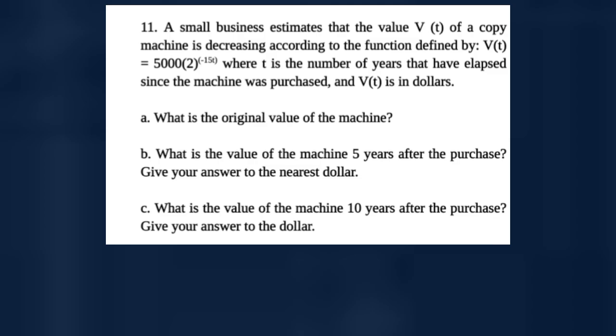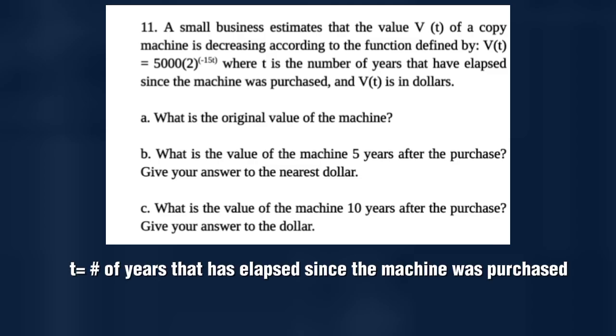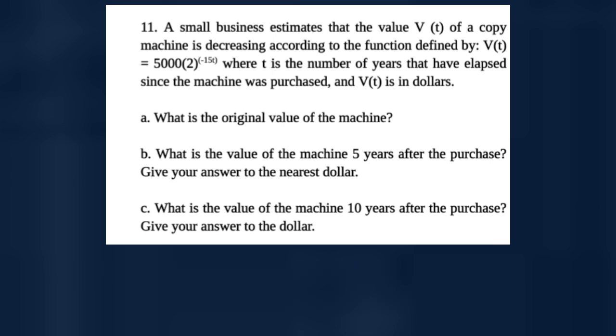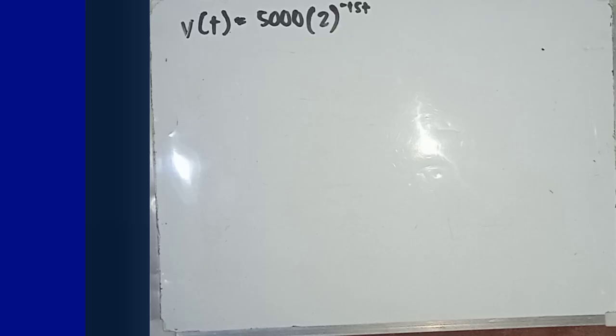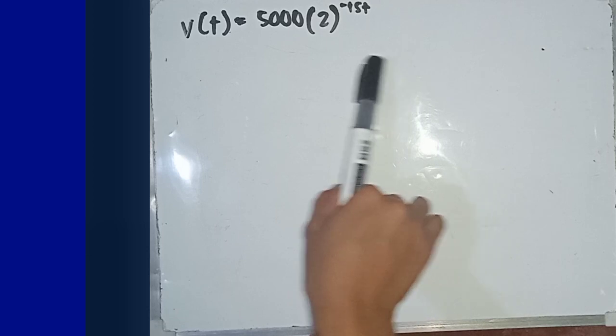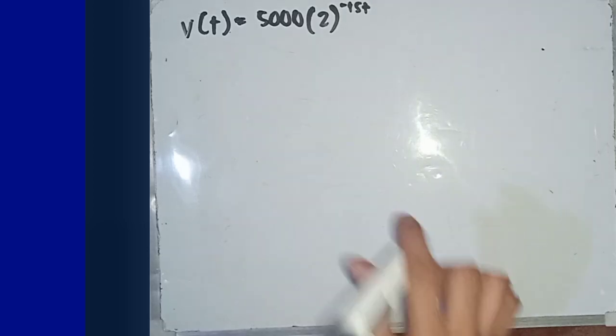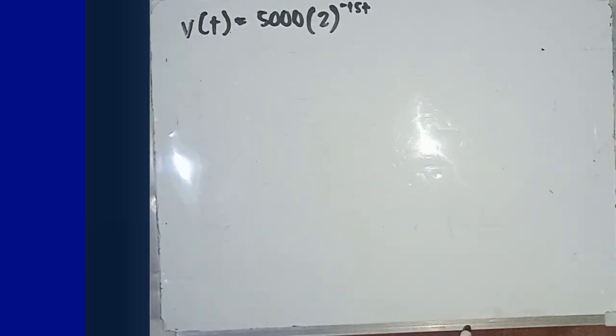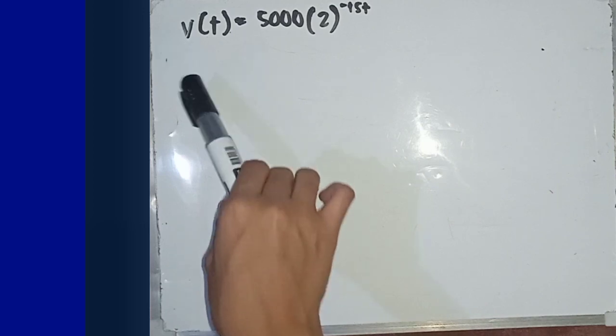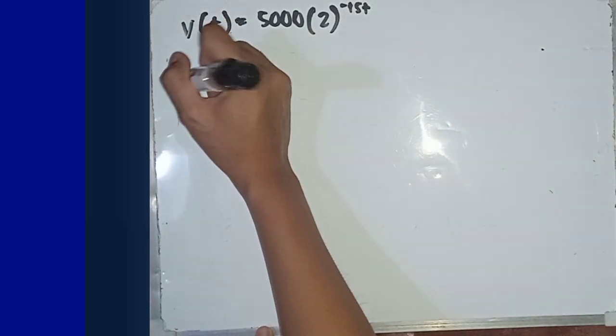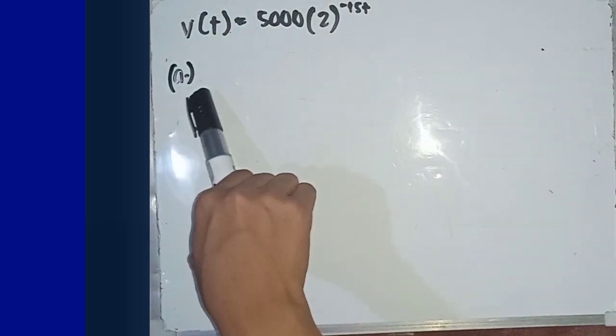And now let us proceed to item number 11, problem set number 2. Let T be the number of years that has elapsed, and V the value of the copy machine. Okay. So now we have here the equation V of T is equal to 5,000 multiplied by 2 raised to the power of negative 0.15t.